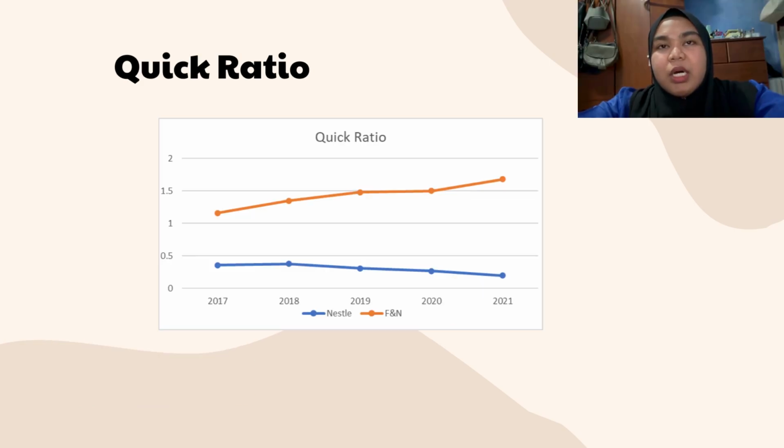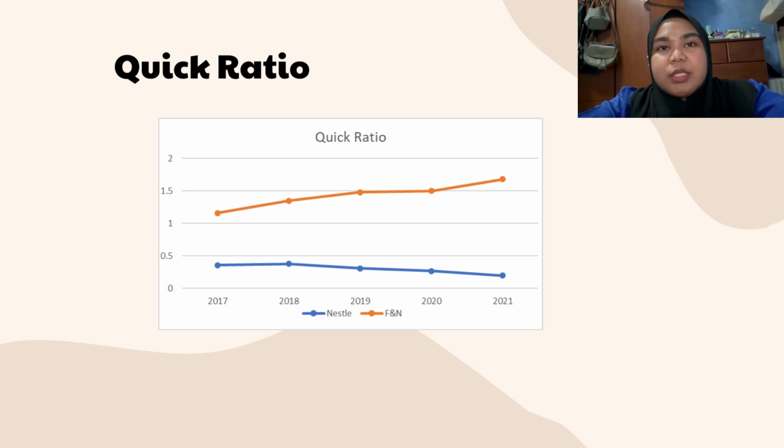Quick ratio. How to calculate the quick ratio? Quick ratio equals current assets minus inventories divided by current liabilities. Quick ratio for Nestle in 2017 is 0.36 times, while for FNN 1.16 times. In 2018, Nestle's quick ratio is 0.38 times, while FNN 1.35 times. In 2019, Nestle's is 0.31, FNN 1.48.